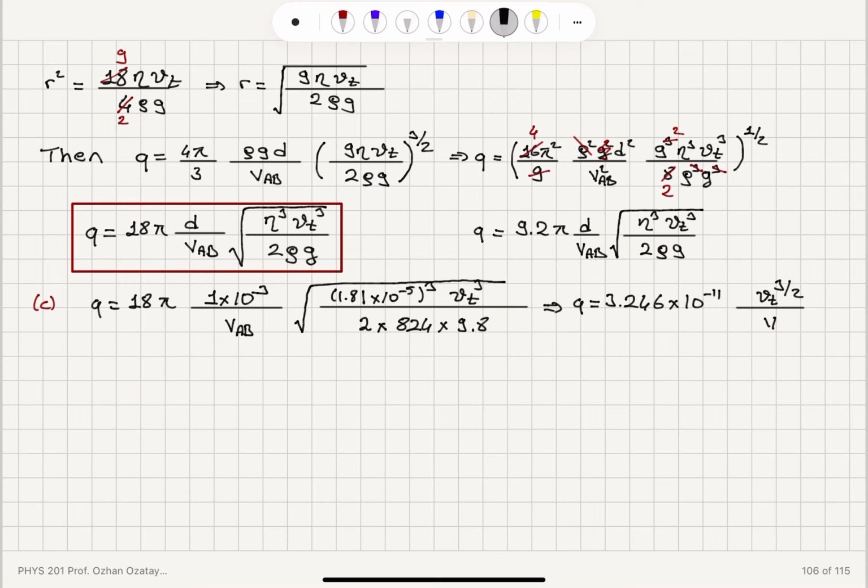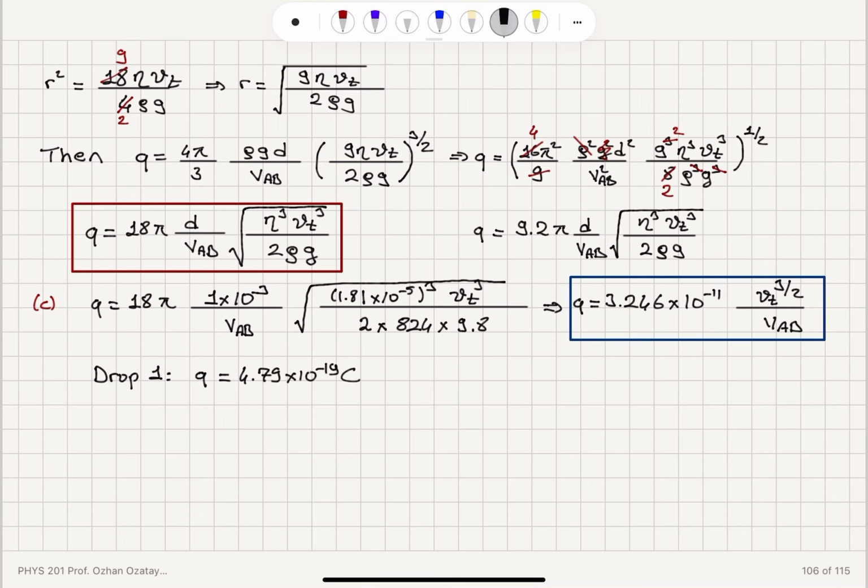For drop 1, we're using these values, 9.16 volts and 2.54 × 10^-5 meters per second. We obtain the charge Q to be 4.79 × 10^-19 coulombs. So that's the charge of drop 1.